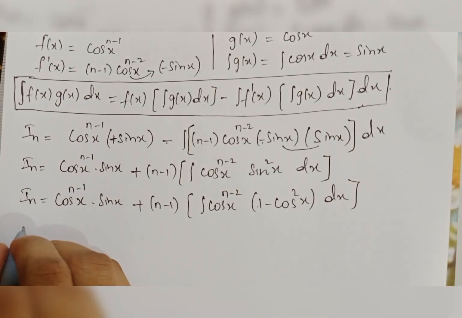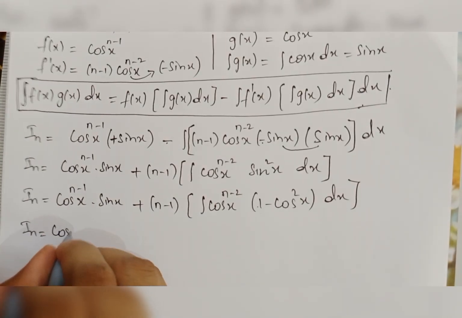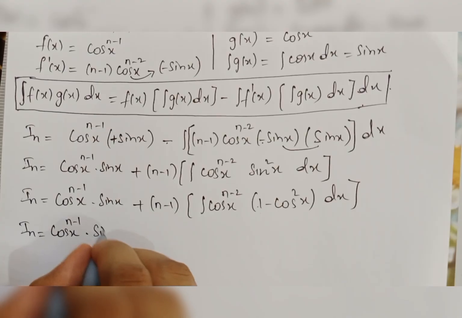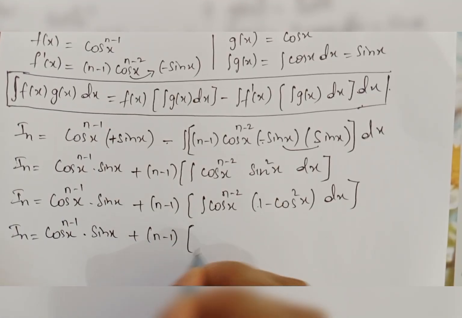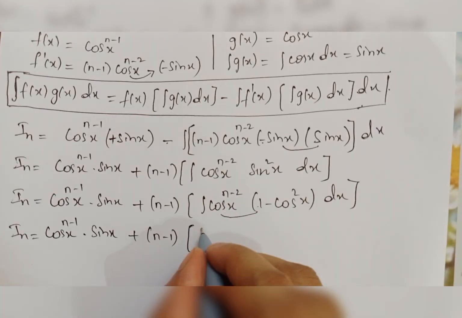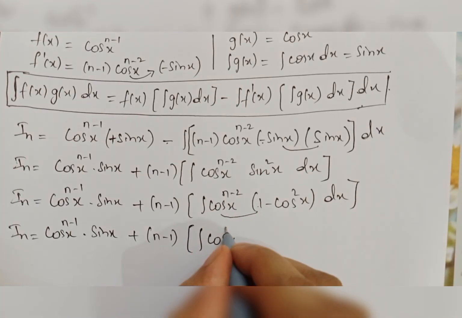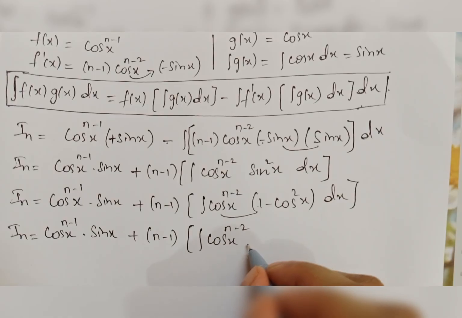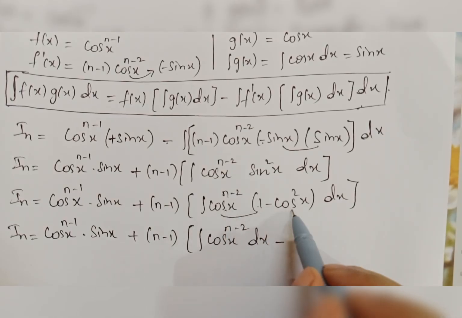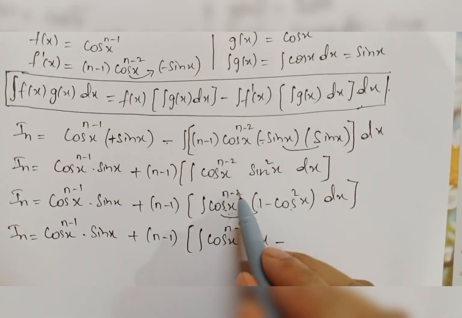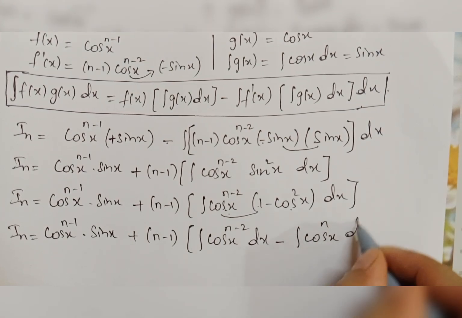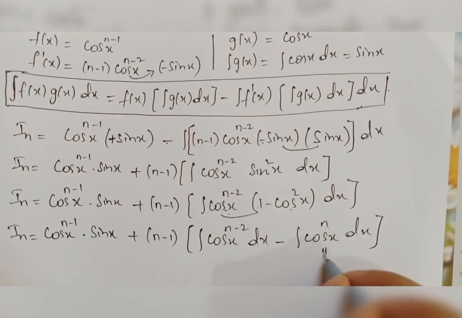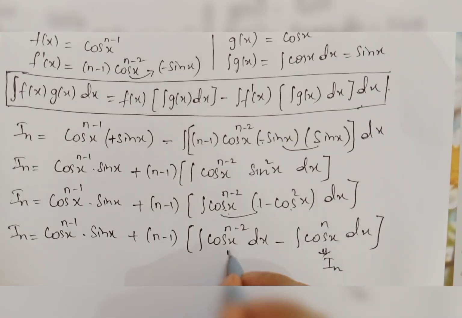Right, In is equal to cos x power n minus 1 into sin x plus n minus 1 into, multiplying this inside, so it will be integral cos x power n minus 2 dx minus, here when we see the powers, so minus 2 and plus 2 gets cancelled, so it will be integral cos x power n dx. Right, this value is our question, which is equal to In, and this value is In minus 2.